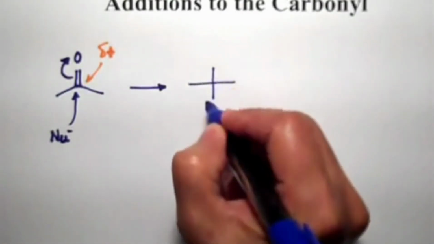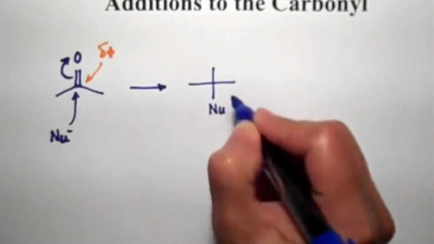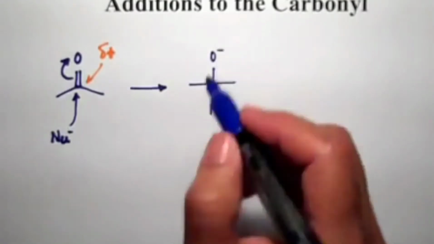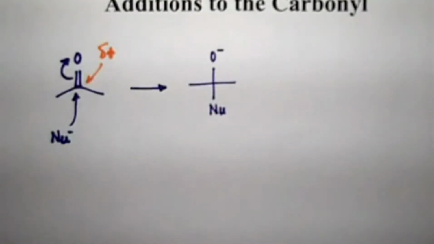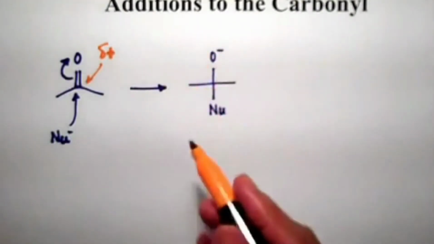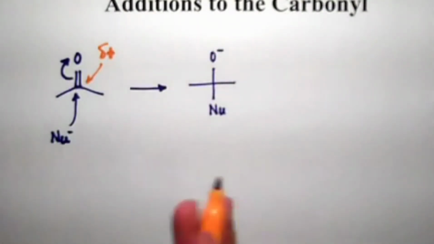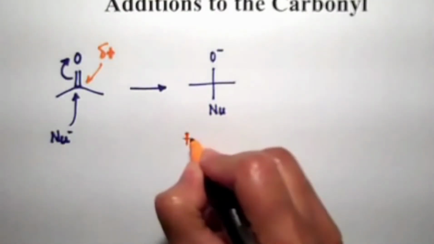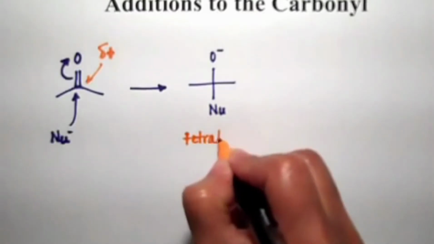And you're going to now get a nucleophile attached to a tetrahedral carbon, and at the very top I have an oxygen that right now is negative. This is the intermediate that we arrive at any time we attack any carbonyl. So we're going to call it the tetrahedral intermediate.